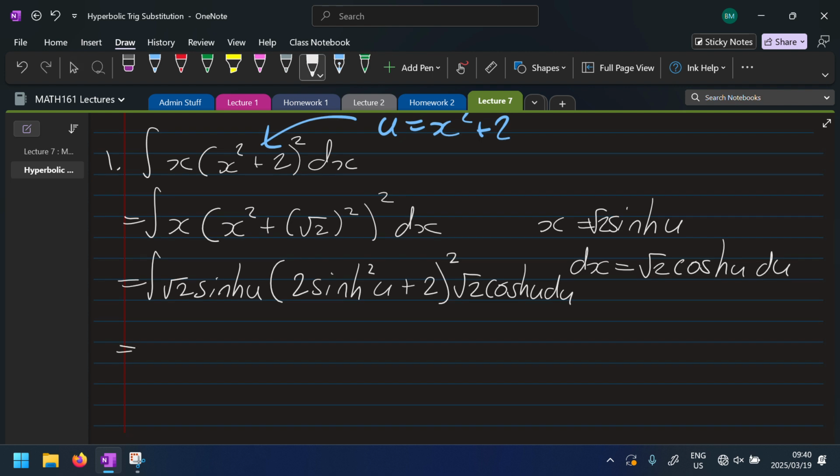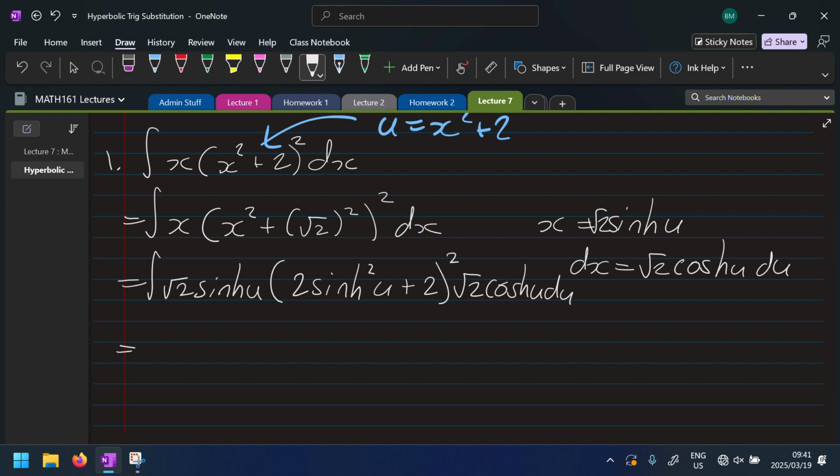So we've got the x squared plus 2 again, and then the dx. We're going to have a 2 from the 2 root 2's, and the 2 inside there.